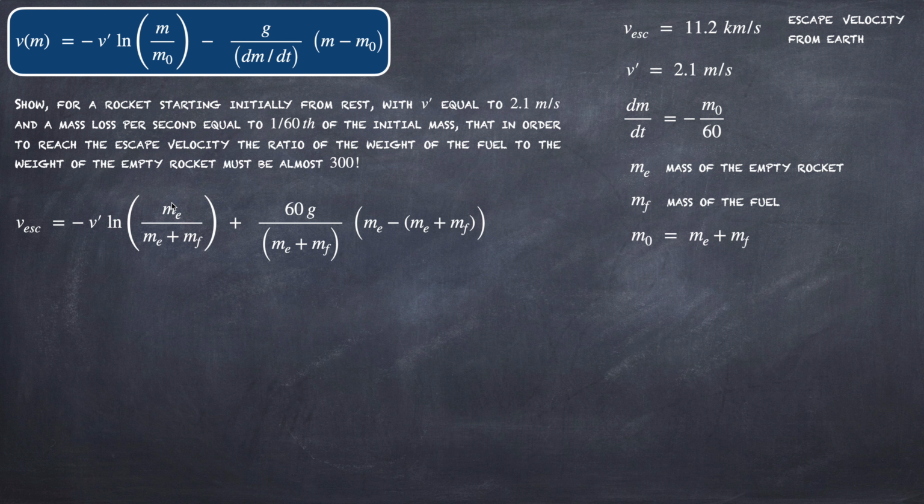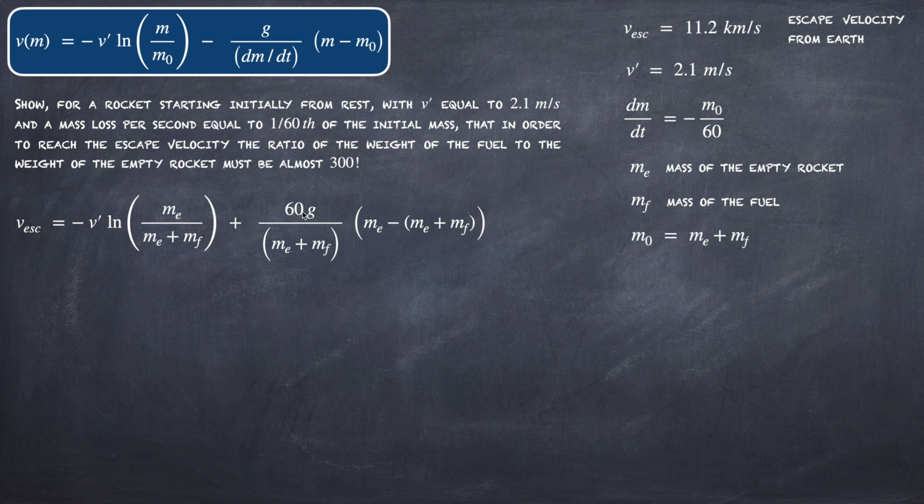So the mass of the rocket will be the mass of the empty rocket over the initial mass. The initial mass, as we already said, is me plus mf. Plus, actually, subtracted by g over dm dt. dm dt is m0 over 60.